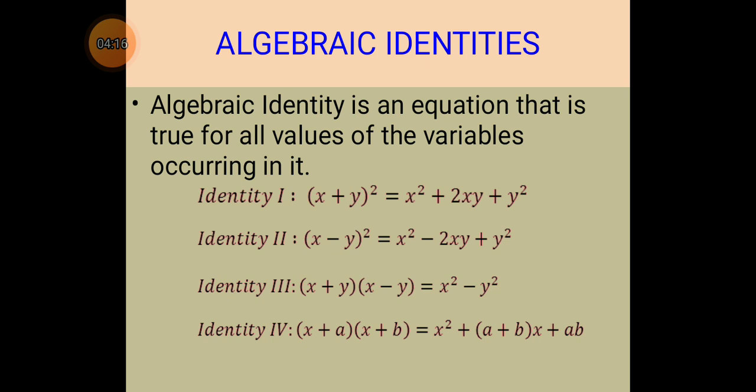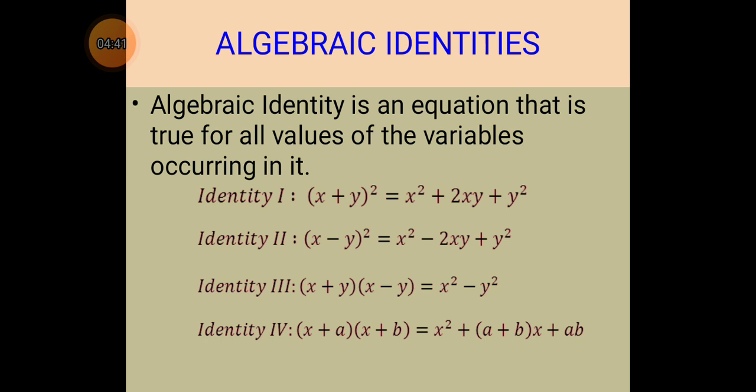It makes no difference. So product of two such binomials will be first term square minus second term square, or simply we can learn it as x plus y into x minus y is equal to x square minus y square, or we can say a plus b into a minus b is equal to a square minus b square.